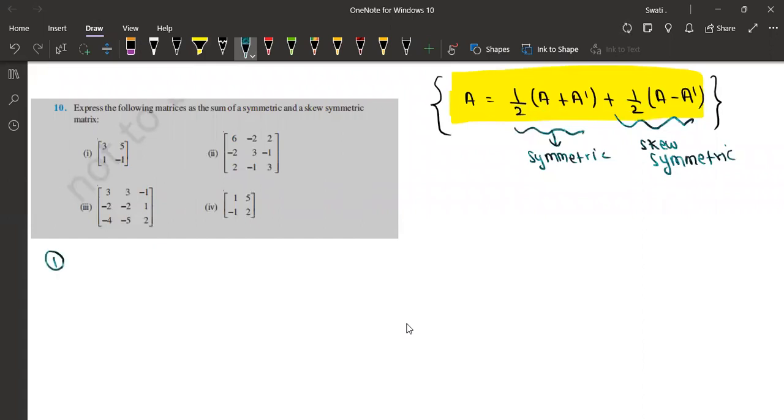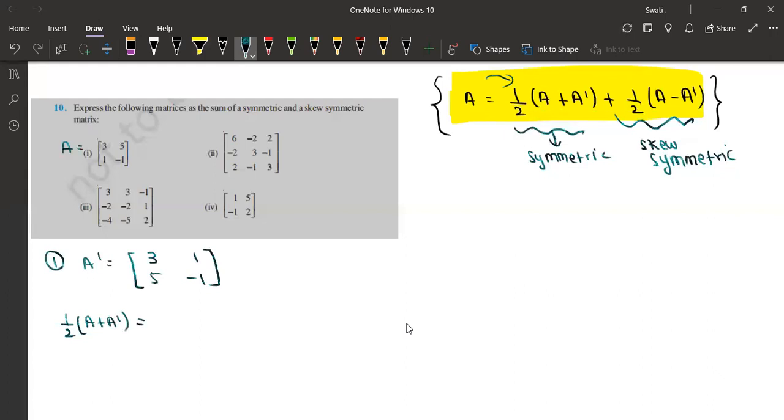In the first one, we have A given. Let us just assume that this is A. So first we need to find A transpose. If you find A transpose, it is simply going to be 3, 1, 5, -1, right? Remember, we need to find this, so I'm just accordingly doing it. So half of A plus A transpose.